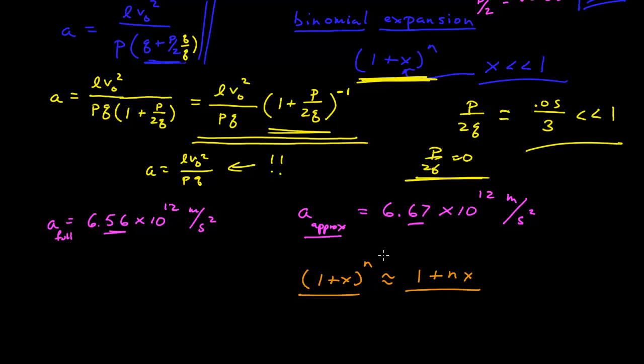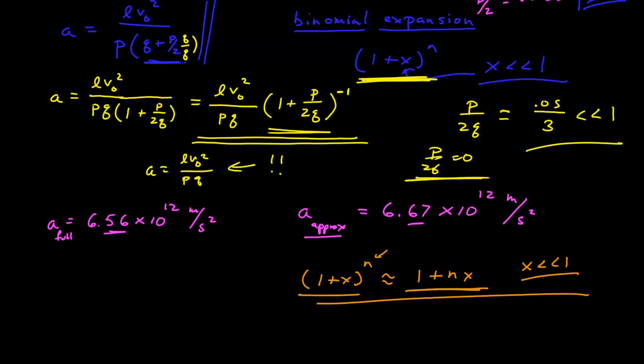I can turn essentially an arbitrary polynomial into a simple linear expression, as long as x is much less than 1. That is an unbelievably powerful mathematical expression for all of science and engineering. We use that all the time, and so you want to be very familiar with this technique.